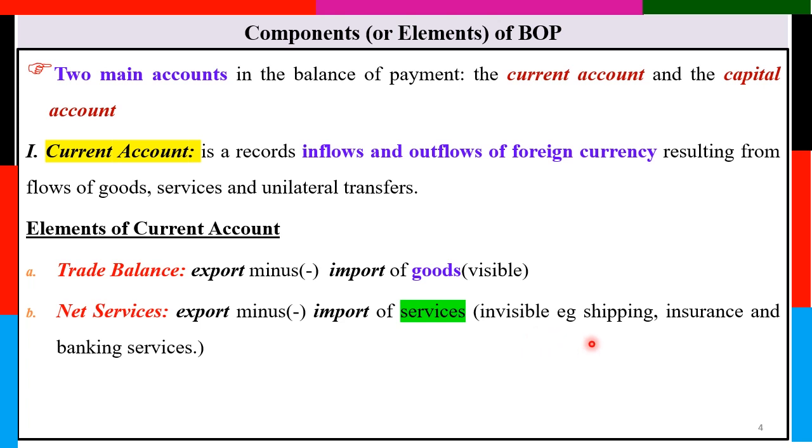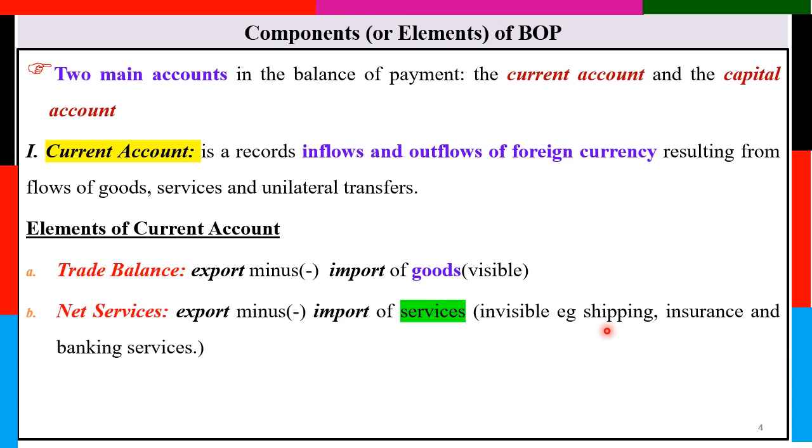Let's assume, for example, shipping, insurance, and banking. Ethiopian ships may carry cargo from Djibouti to the rest of the world. At that time, the rest of the world pays foreign currency to Ethiopia for the service of shipping cargo.